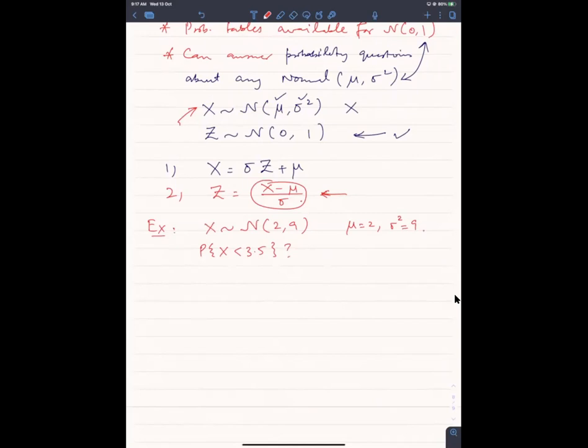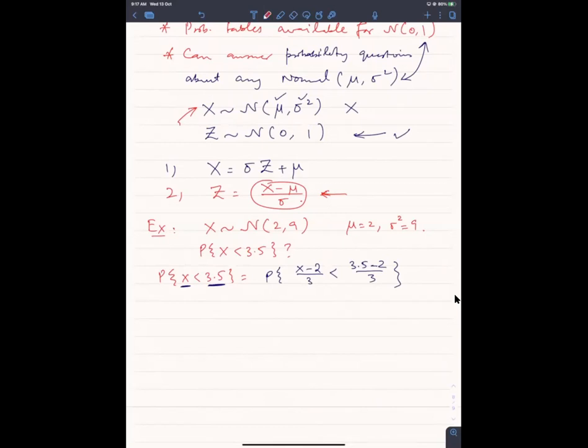However, I can write this as: probability X less than 3.5 is the same as the probability (X minus 2) over sigma, which is 3, is less than (3.5 minus 2) over 3. कुछ भी नहीं किया, ये अंदर जो X में से 2 माइनस करके 3 से डिवाइड किया, 3.5 के साथ भी वही काम किया। So same expression both sides. ठीक है?